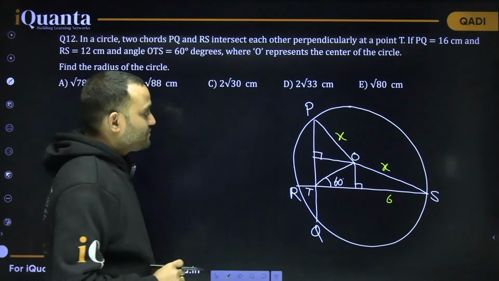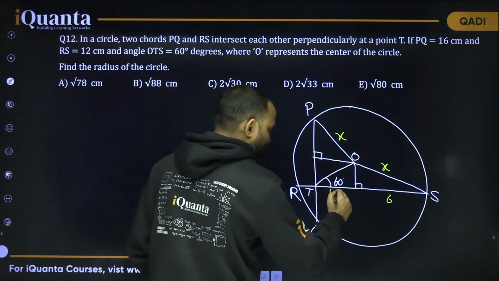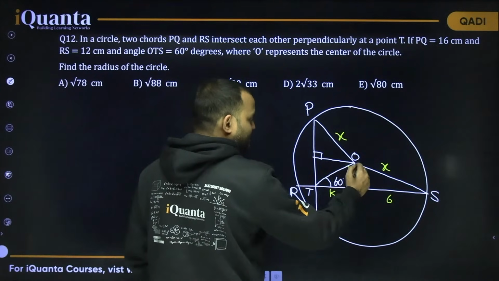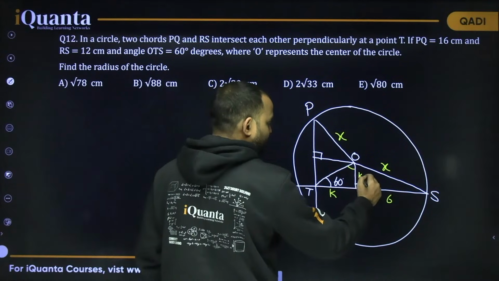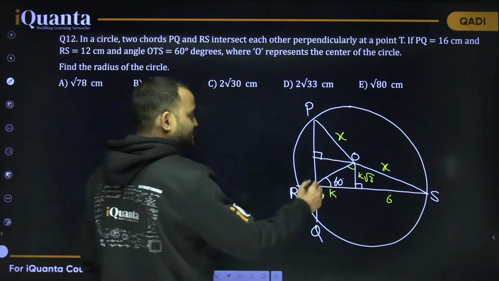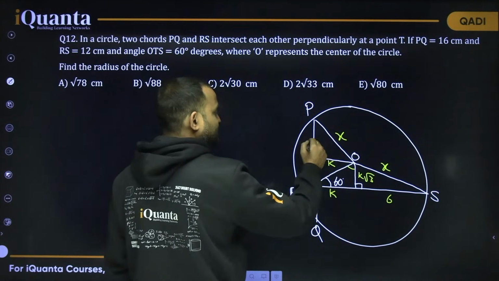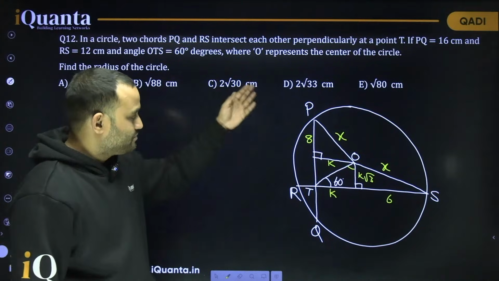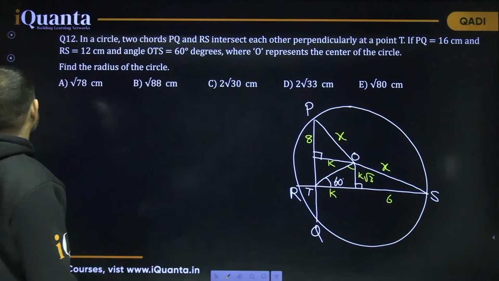Now if I say this length is K, against 30 degree this length is K, this length against 60 degree will be K root 3. And this length is K, as well as this length will become 8, half of PQ. So now we can compare X square.